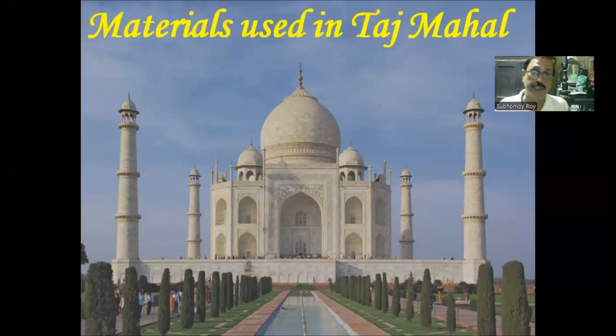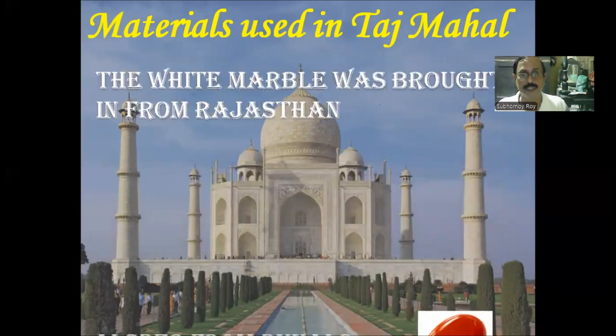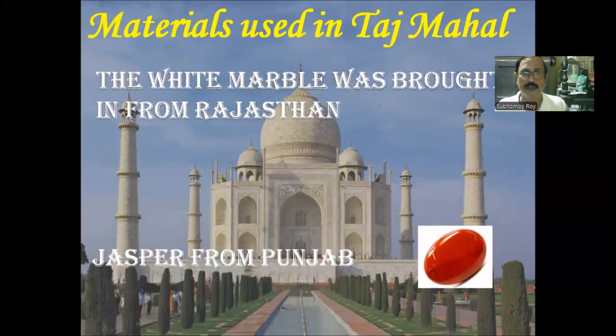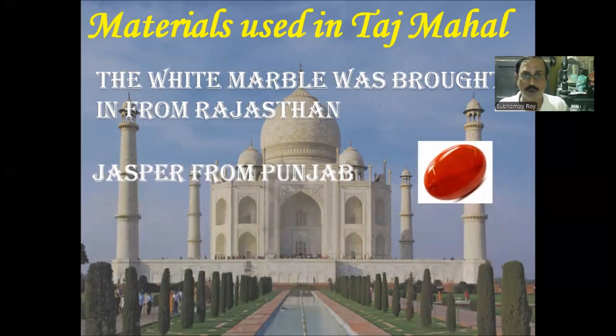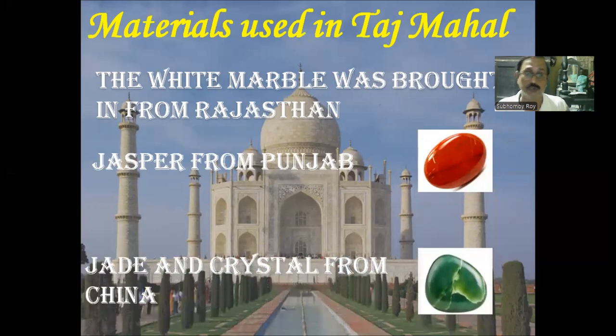Material used in the Taj Mahal. Another very important thing that we must know. Taj Mahal was first built with bricks, and over those bricks they have used marble, white marble. White marble was brought from Rajasthan, jasper from Punjab. So we all know stones or semi-precious stones or precious stones are used.